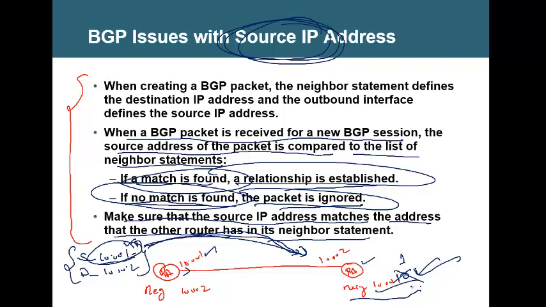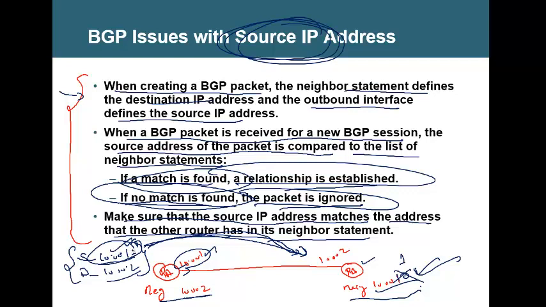Right, let's read from the beginning, the first line. When creating a BGP packet, the neighbor statement defines the destination. Is it not true? Yeah. The neighbor statement determines the destination, and the outbound interface defines the source address. Is it not true? Yes, it is.